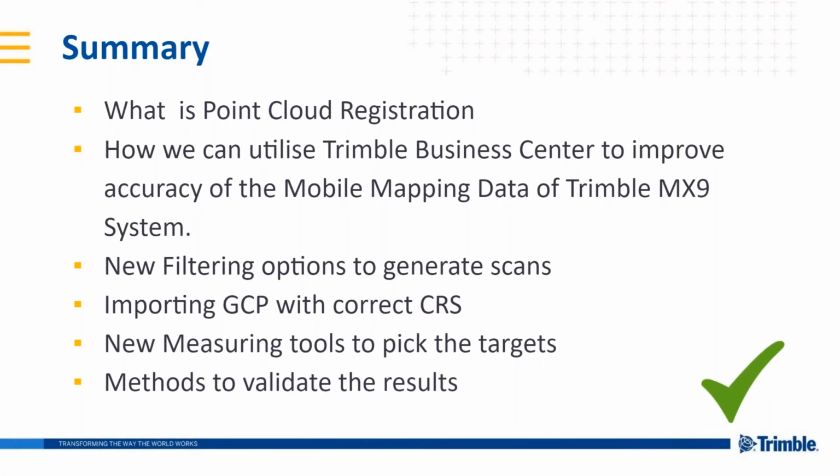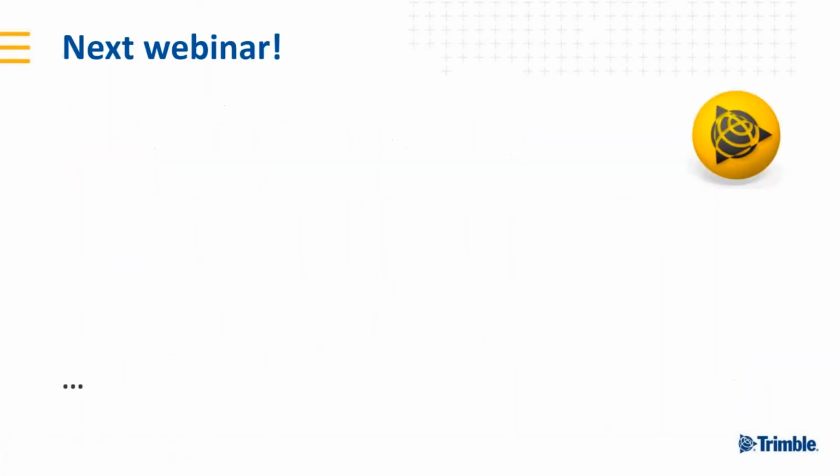We also saw the importance of having very accurate data, meaning accurate GCPs to correct your data, and also the new picking tools that we include in the smart picking tool, and some useful ways to validate the data that you get out of the registration.